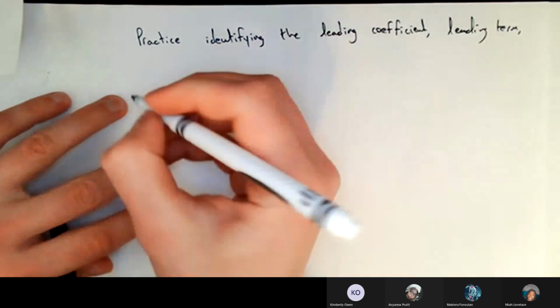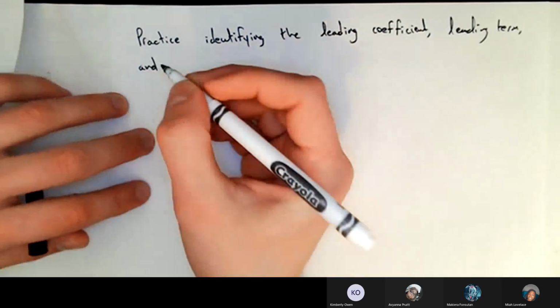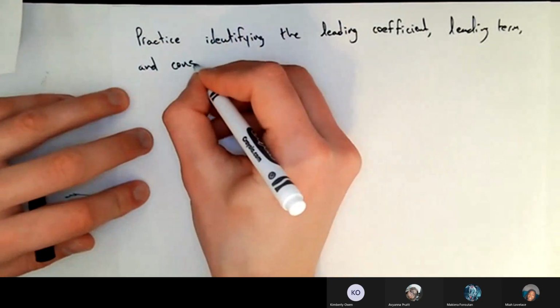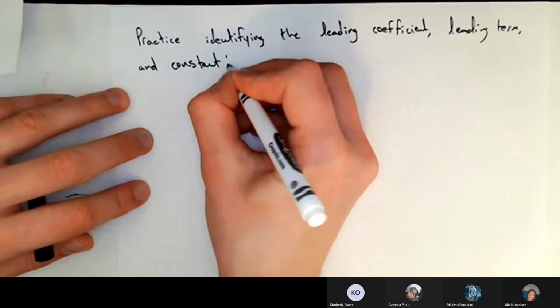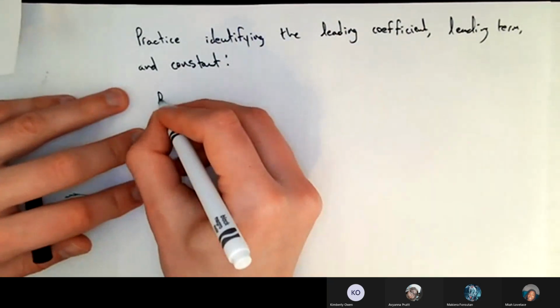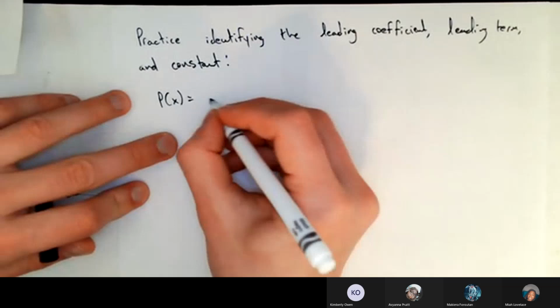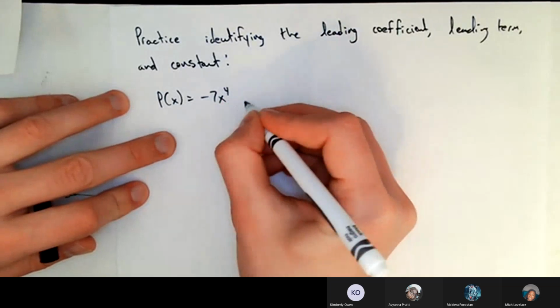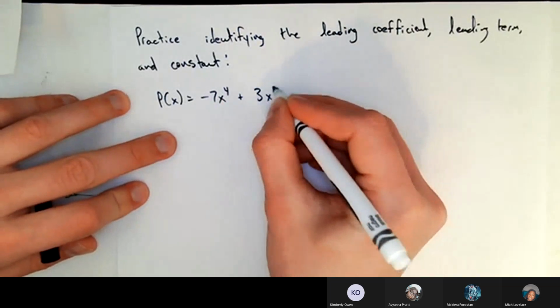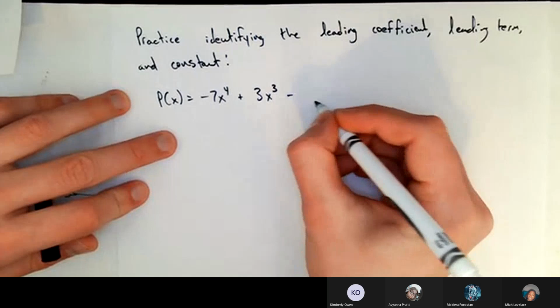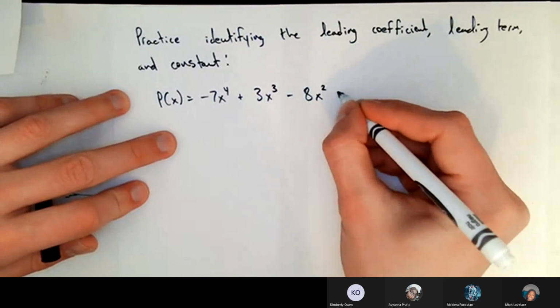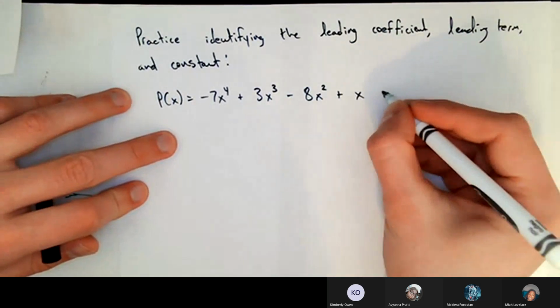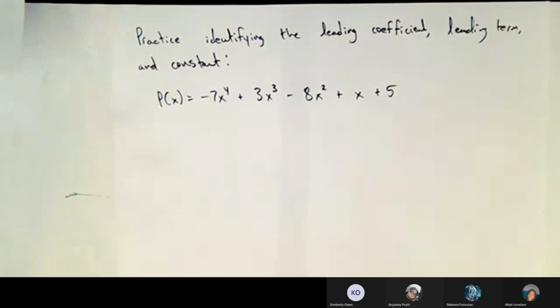Leading coefficient, leading term, and constant, just for practice. Let's say that p of x is equal to negative 7x to the fourth plus 3x cubed minus 8x squared plus x plus 5.